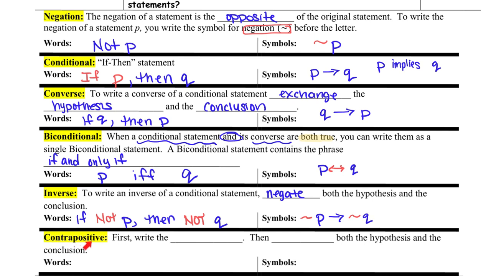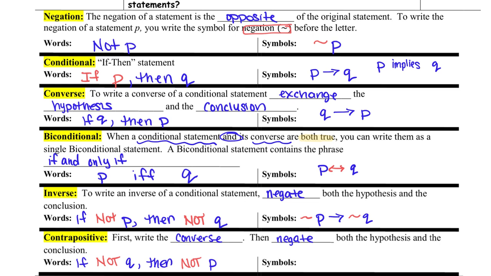If we want to write the contrapositive, we first want to write the converse. So remember, the converse is when we switch the P and the Q. Then for contrapositive, you negate both the hypothesis and the conclusion. So in words, it would be if not Q, then not P. So the converse is switching the Q and the P, and then now we're negating it.